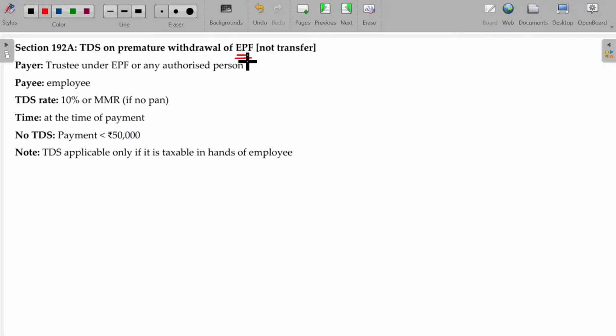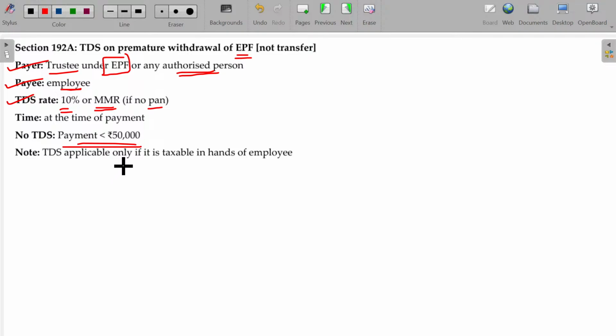If that EPF or PF is taxable in the hands of the recipient, then the applicable TDS should be deducted by the PF fund authorities. Here the trustee under EPF or the authorized person is the payer, the payee is usually the employee, and the TDS rate is 10%, or MMR rate if no PAN is given. If the payment is less than or equal to 50,000 rupees, TDS is not applicable.